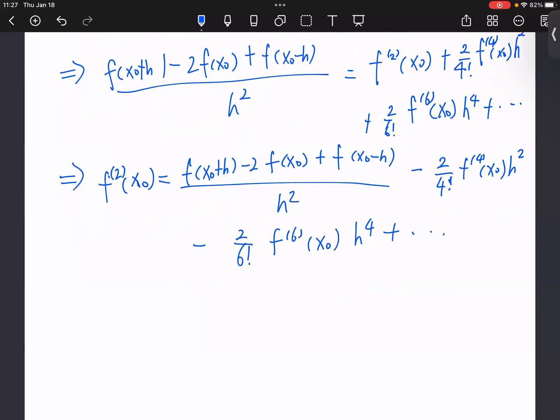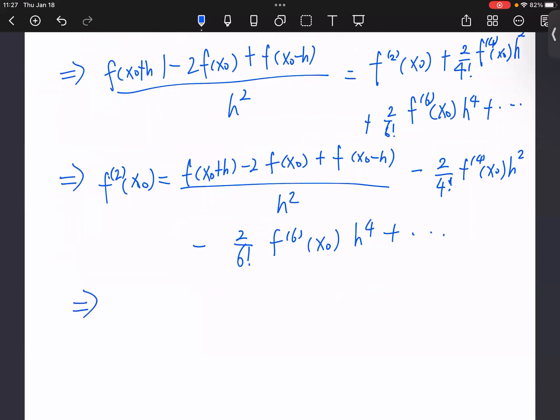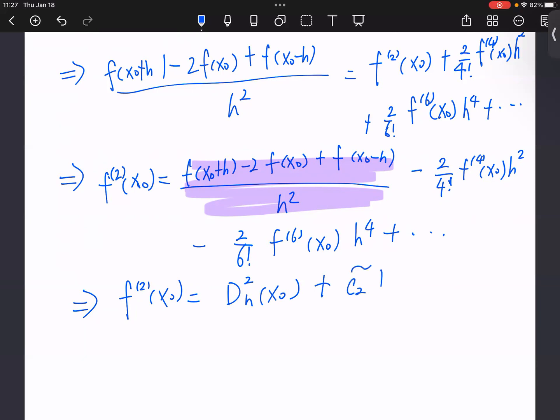So let's make this clear. I'm using a notation here to denote this formula. Once again, the subscript is for the step size, and I use the 2 here because this is for the second derivative. This is the second derivative formula, and then I'm using a constant to represent the errors here.